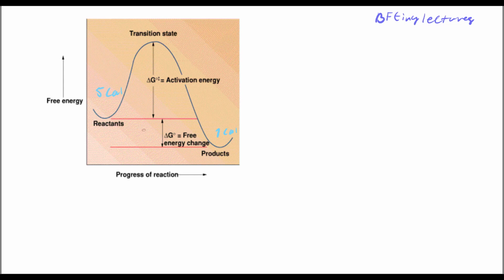Well, to understand why it's favorable, we have to go into the concept of thermodynamics, specifically Gibbs free energy. Okay, so this is going to be Gibbs free energy, and we will denote it as the change, which is delta or baby triangle, and we will have a G right there for Gibbs.